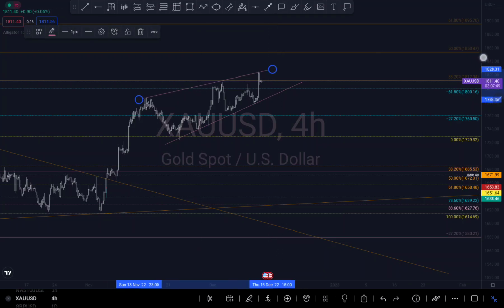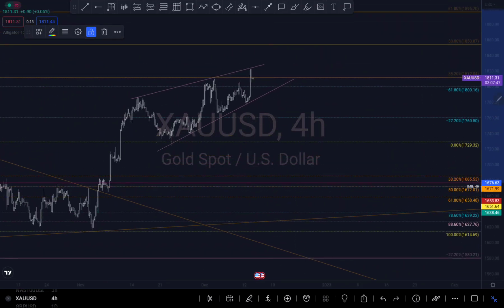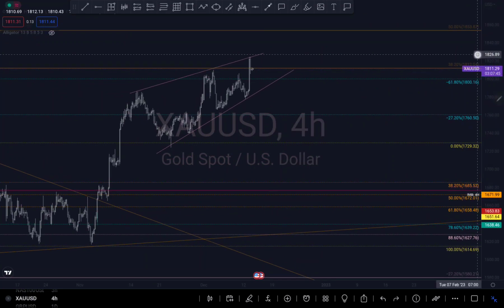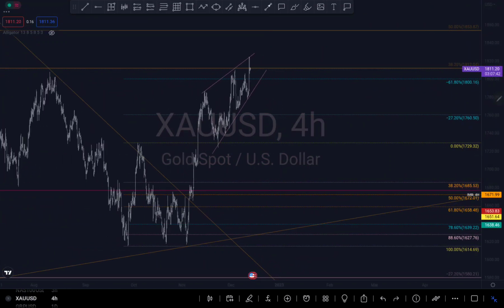So let's see. What I'm seeing right now, why I said there is a pattern of reversal is we can see there is an impulse here, then there's a correction, an ascending correction, or a rising wedge, which is a reversal pattern.